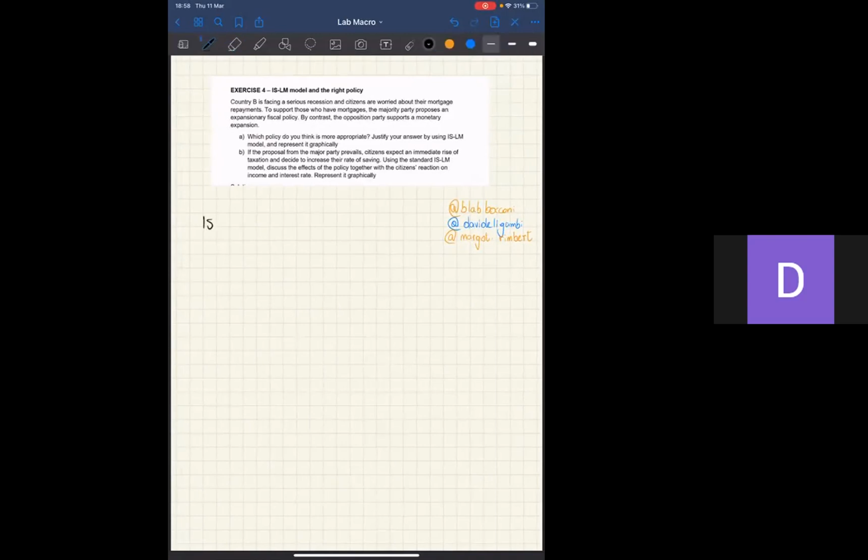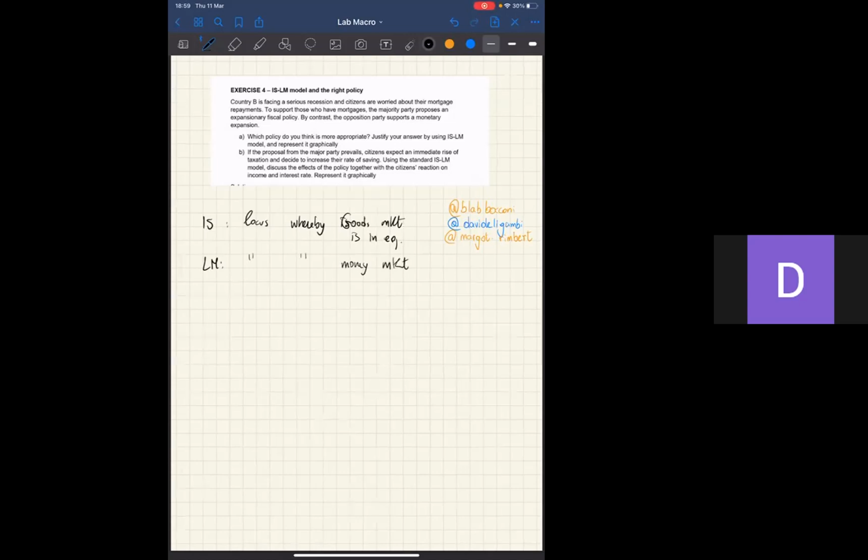Basically, the IS is the locus of all points whereby the goods market is in equilibrium, while the LM is the locus of all points whereby the money market is in equilibrium.